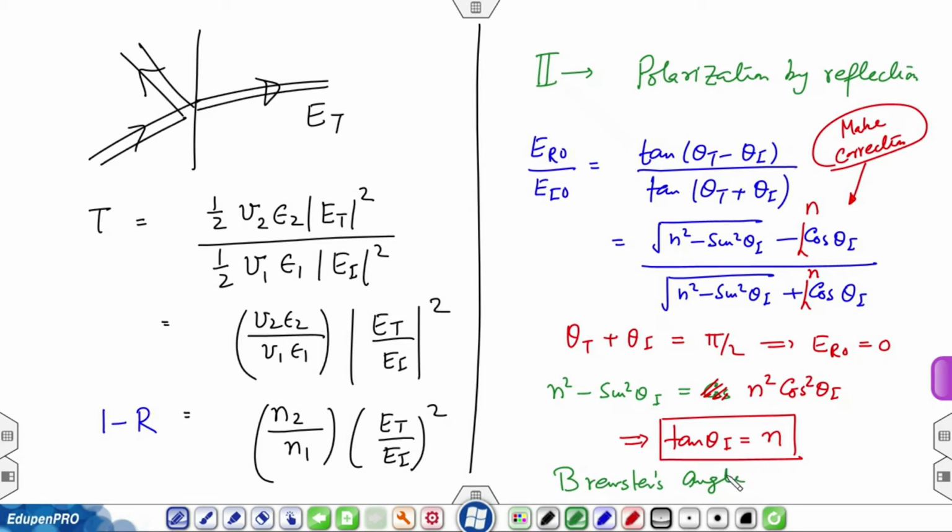If the electromagnetic wave is falling at an angle theta I, which is tan inverse n, or tan inverse the relative refractive index, the reflected wave would have no p polarization. It will be polarized in the s direction. So, this is one way of creating polarization.